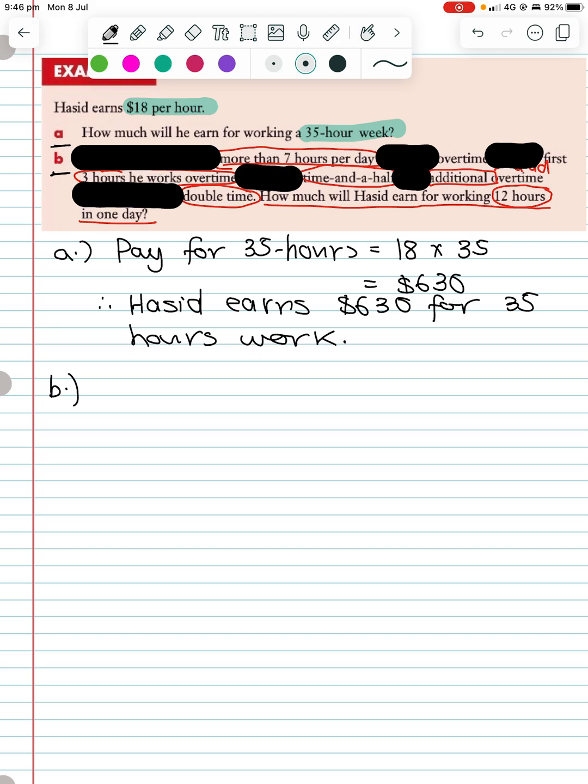So we know that he's working 12 hours in one day. We know that. When he works more than 7 hours, so we know 7 hours is going to be his normal pay.